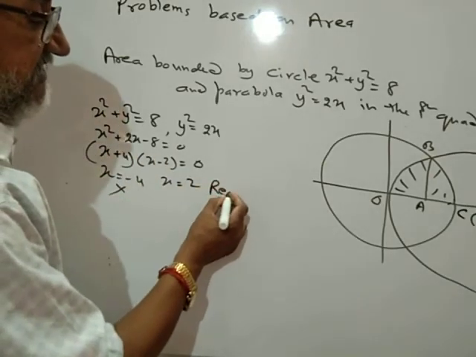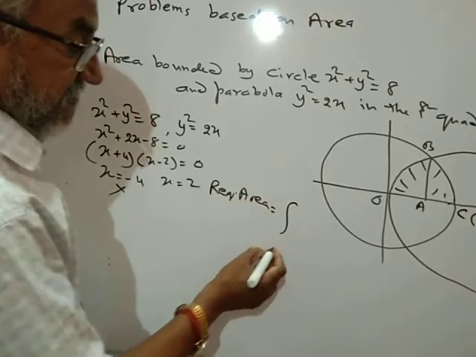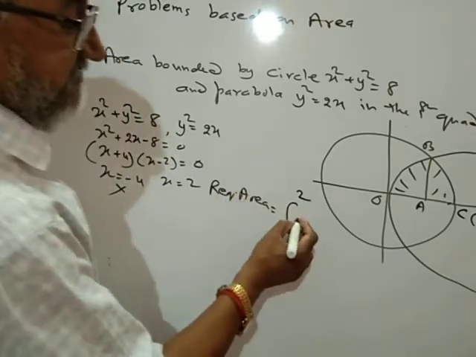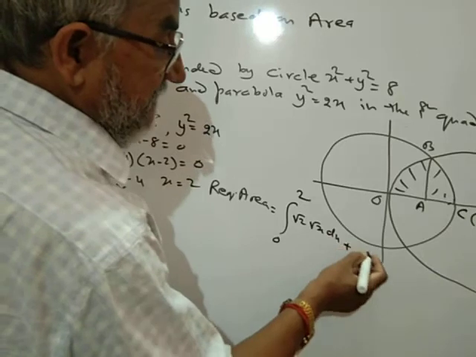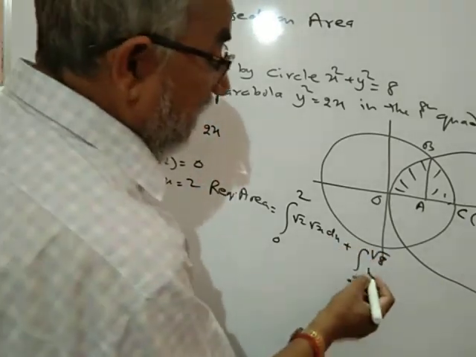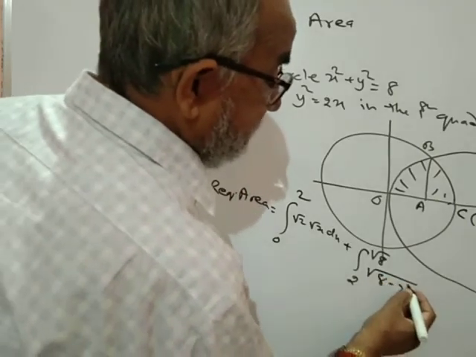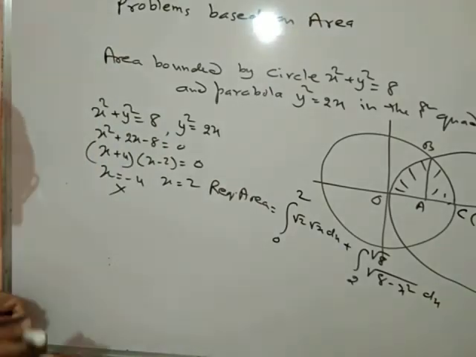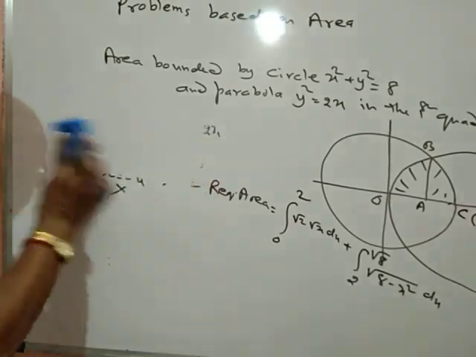So required area will be integral 0 to 2 of the parabola, that is root 2 root x dx, plus integral 2 to root 8 under root 8 minus x square dx. The solution I am writing over here.